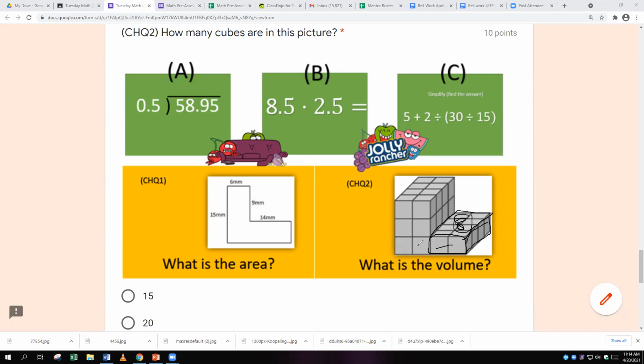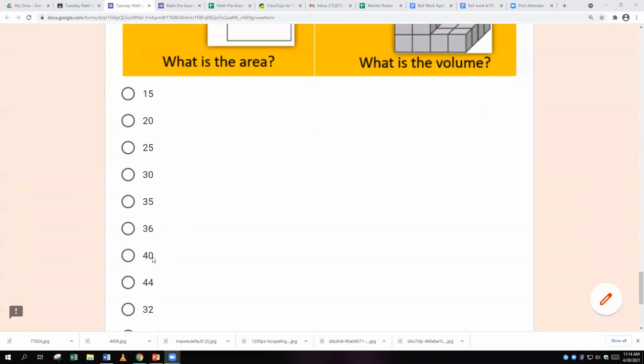And then I found this one over here, which is 2 by 4 by 3. And 8 times 3 is 24. And then I took my 24, I added it to 8, and that's how I got 32. So remember, there's like a million different ways to get the answer.